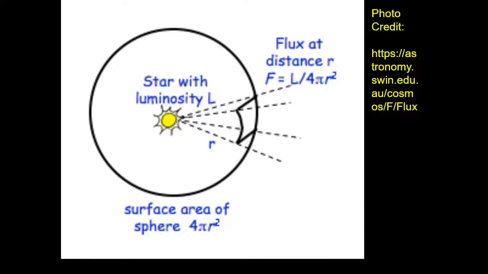So here the assumption is that a star is emitting in an isotropic fashion, and Euclidean geometry, which tells us that the surface area of a sphere of radius r is 4 pi r square. These two facts have been used.